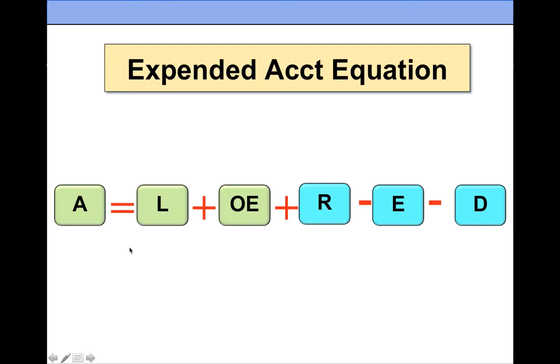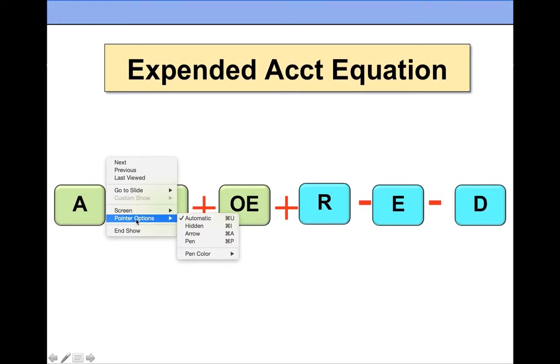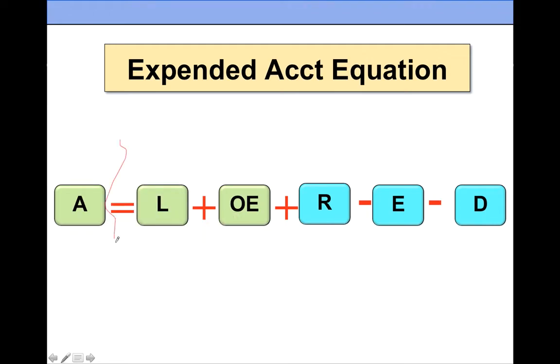This is the main thing. I have to be in balance. When I record a transaction, it will go into two places, two accounts. Both of them could be assets, or one could be asset and one could be expense, or one could be asset, another could be liability. But I have to be balanced. My left part of the equation must be equal to my right part of the equation. Left and right, they must be equal.